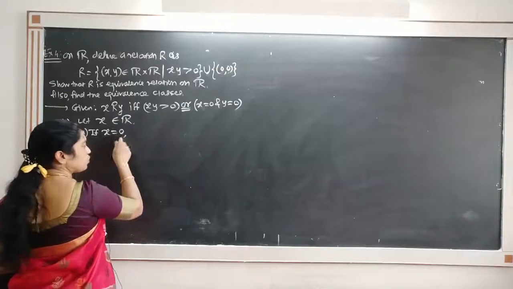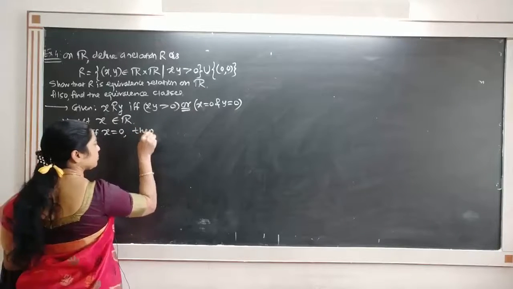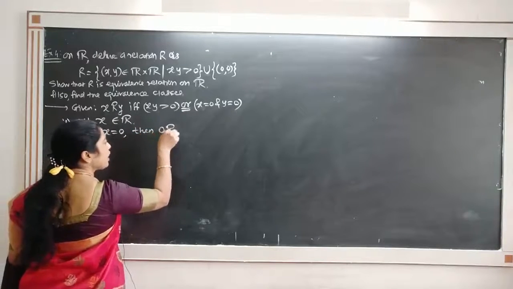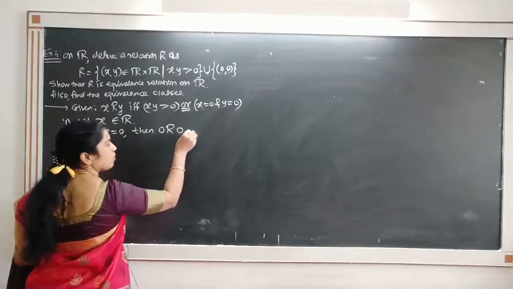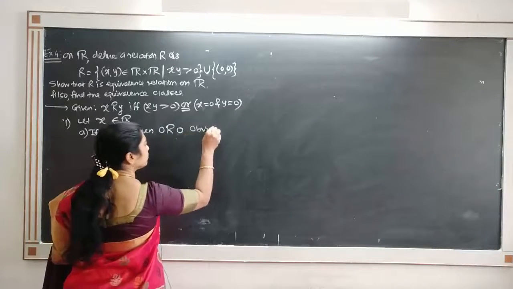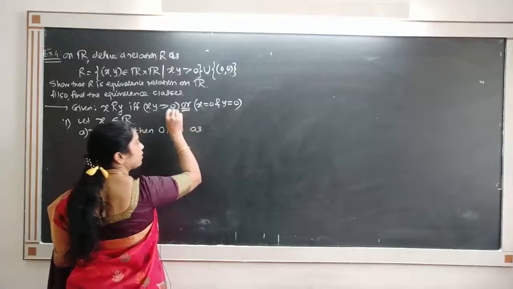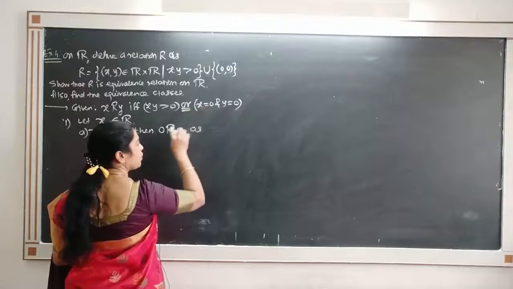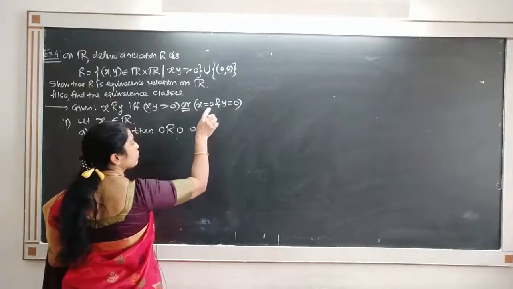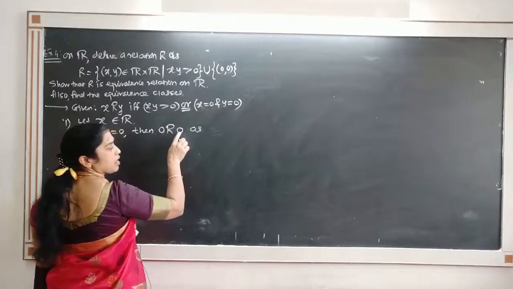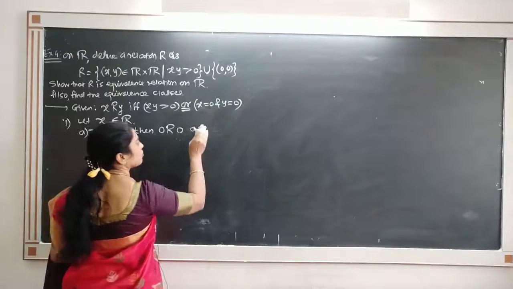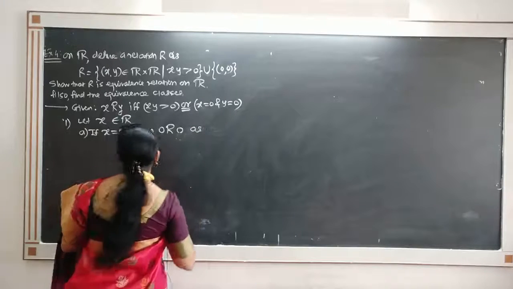So if x is equal to 0, then 0 is related to 0 obviously, as we have either this or this condition, because in that case x is equal to 0 and y is equal to 0. So this is the definition.